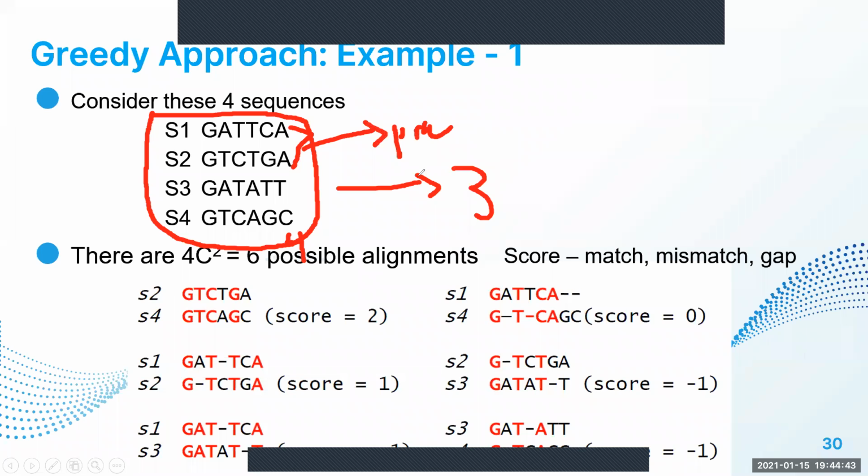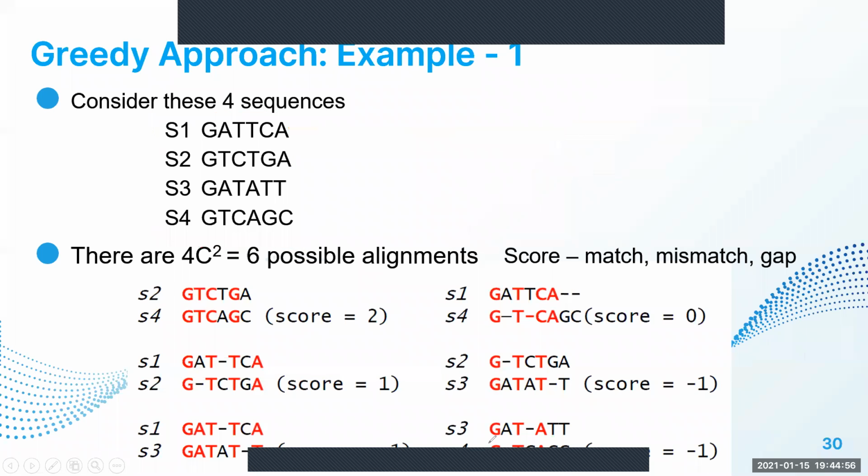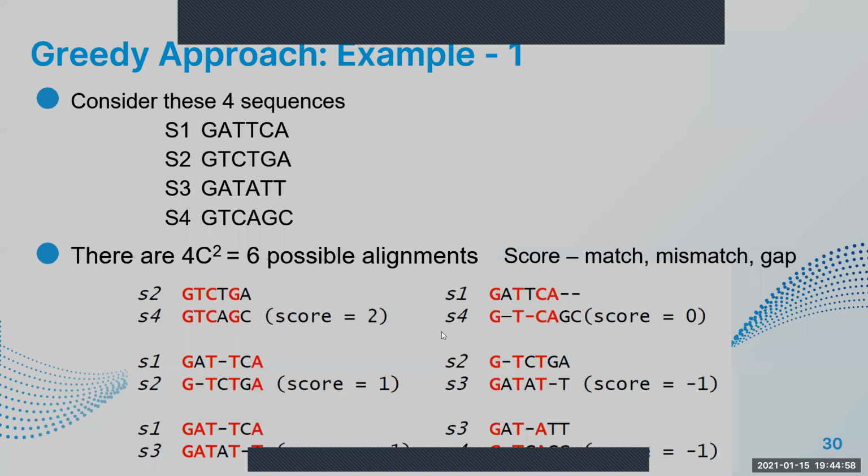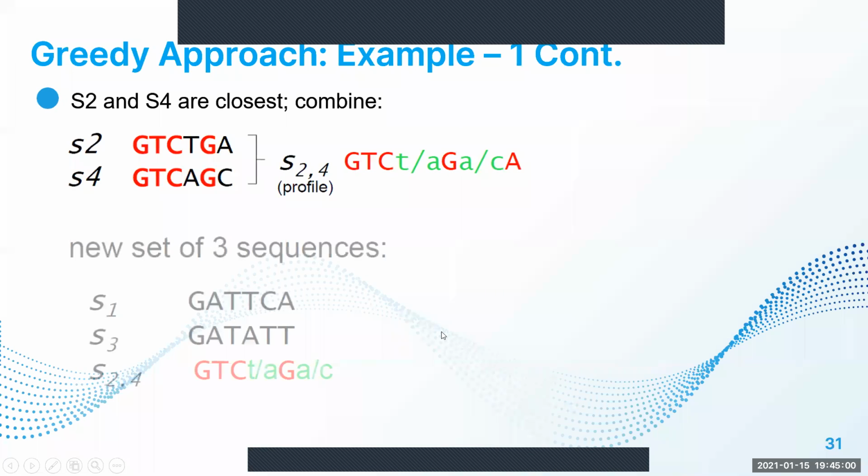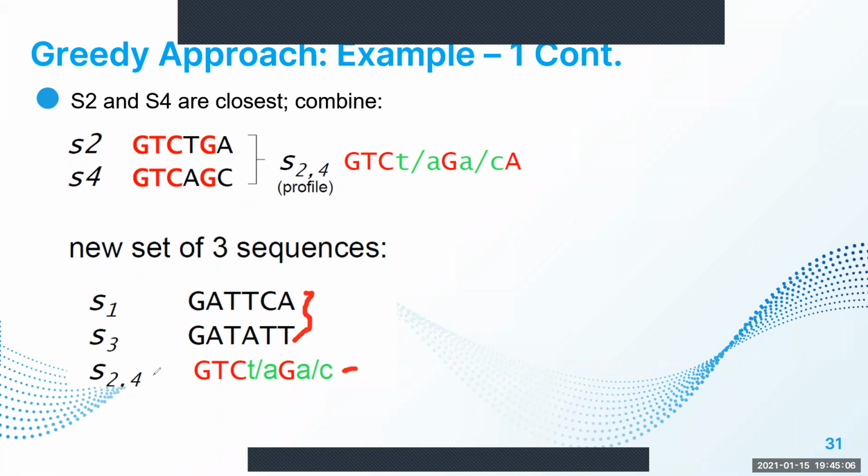Then at the start of the second iteration, you have one profile and 2 sequences. So these are the 2 sequences and this is the profile.